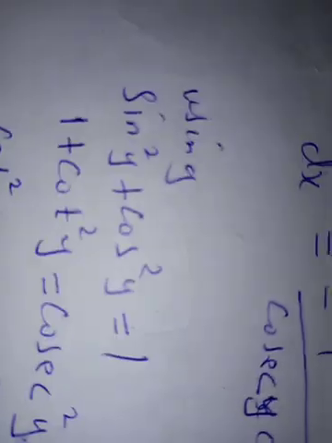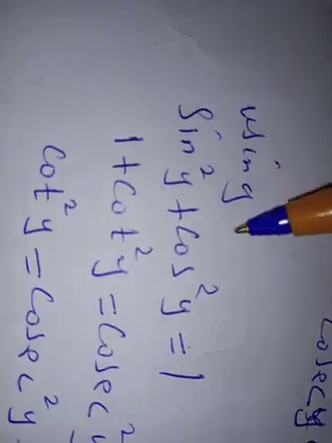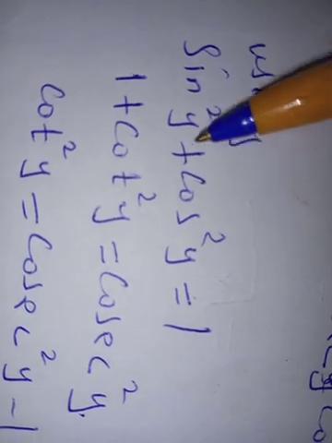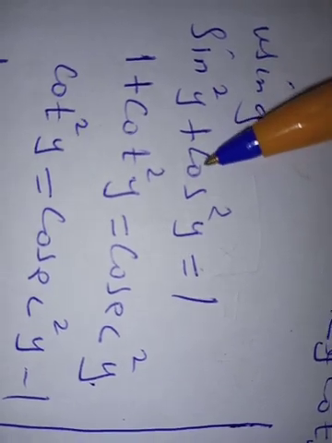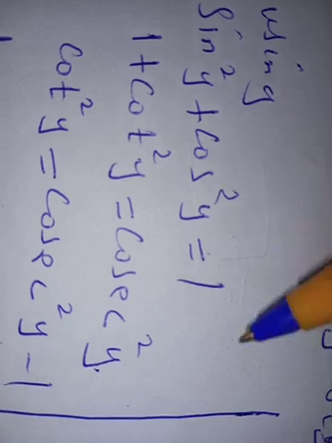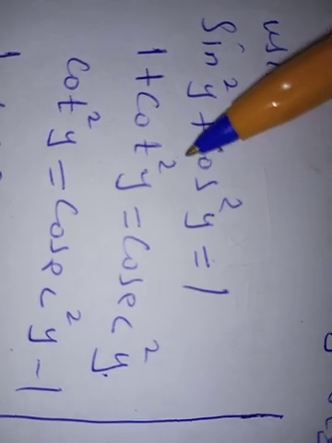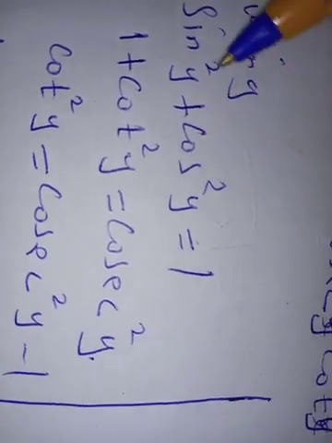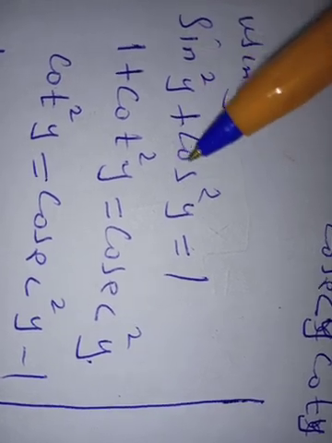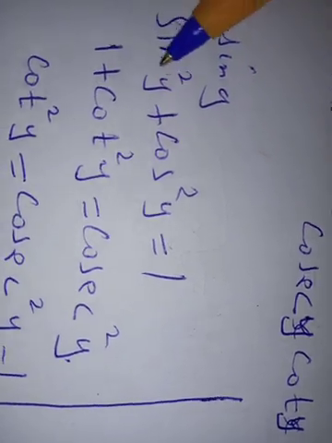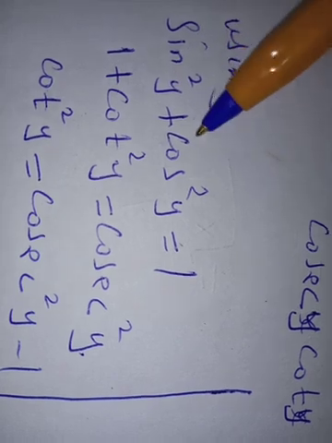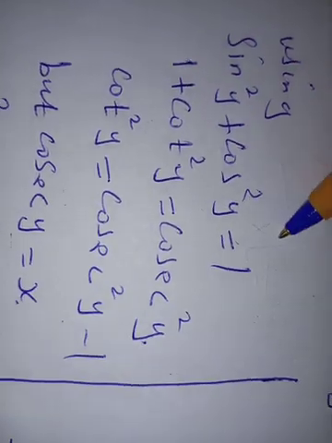Alternatively, we can use the trigonometric identity, sin squared y plus cos squared y is equal to 1. So we divide by sin y squared. Sin y squared divided by sin y squared is 1.